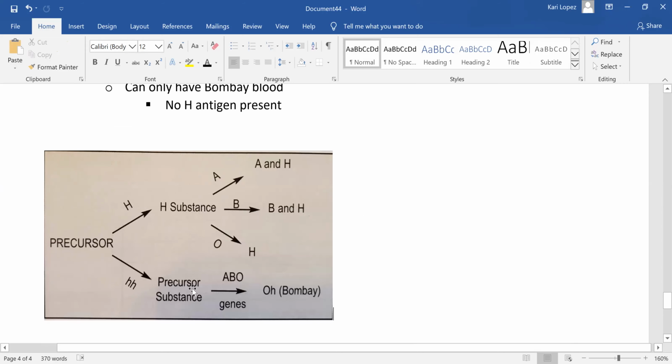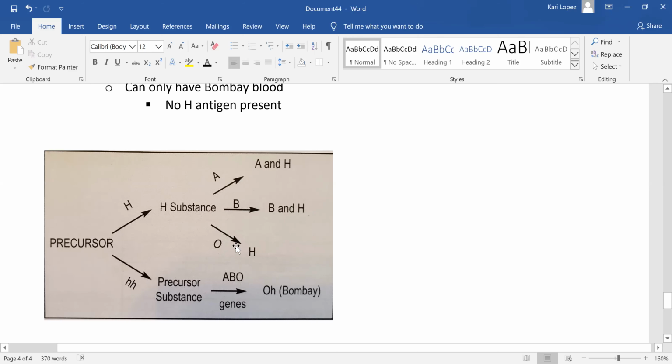So they've got little h, and they don't have this H. The reason that group O is a universal donor is because normally you've got A and H, then B and H, and then O, which is just H. But you can't build those A and B antigens without having that fucose sugar, which is your H specificity, as a base.